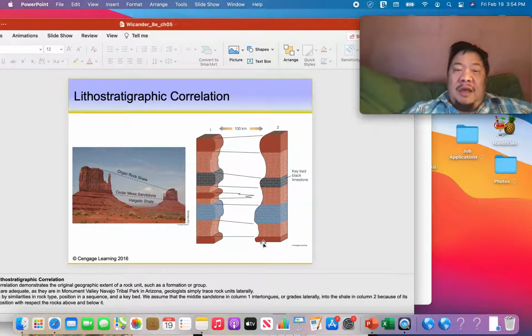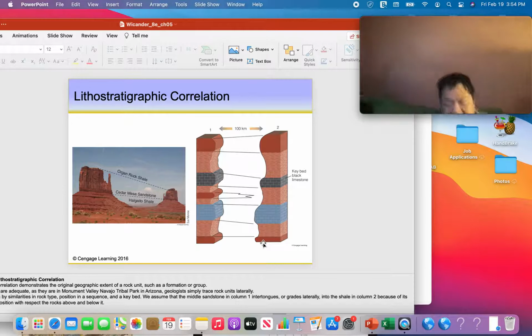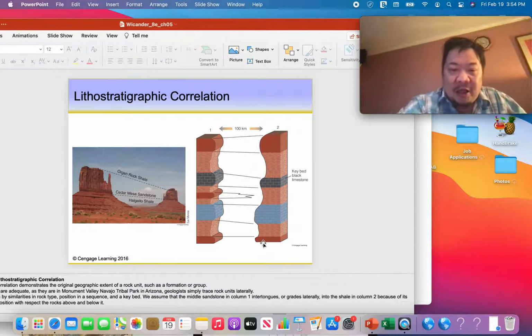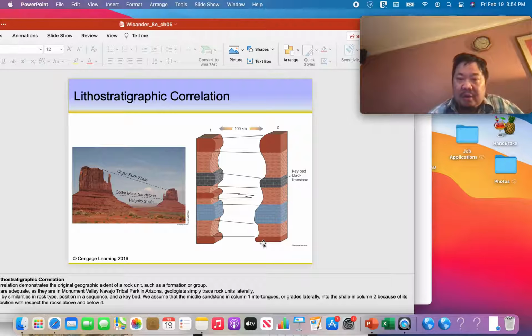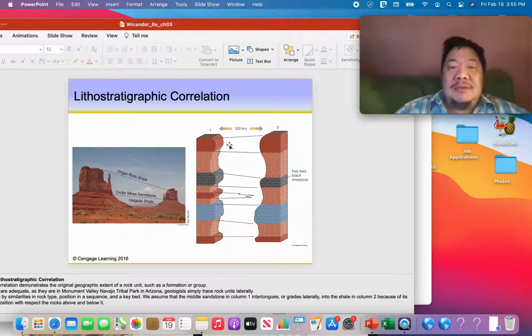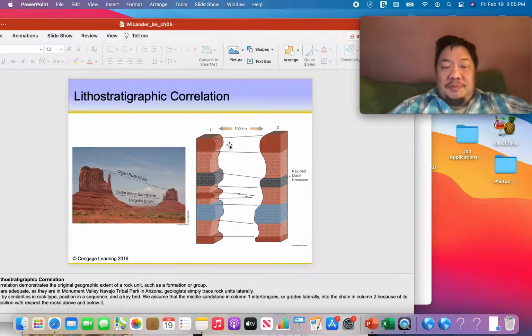And here you can see, if you've got these 2 stratigraphic columns, you could do this kind of work in about 2 hours. Here's one location, and you mark this place on your map so you know where it is. Here's another location. There's 100 kilometers between these two locations, which is about 60 miles.